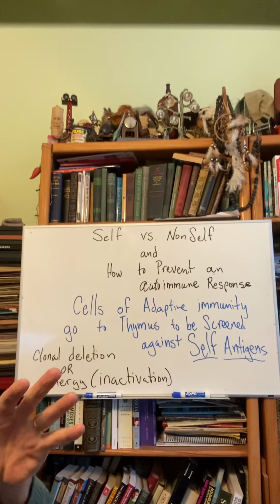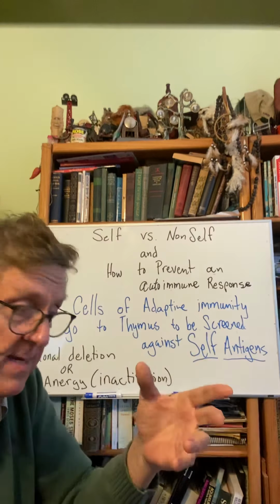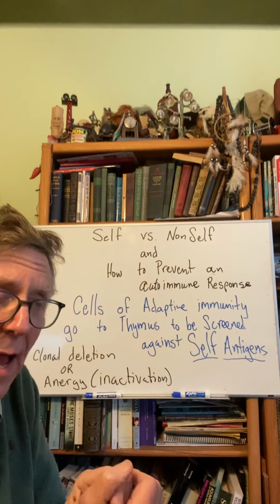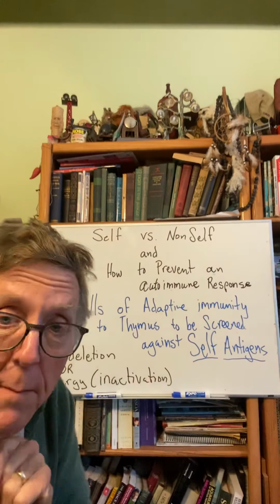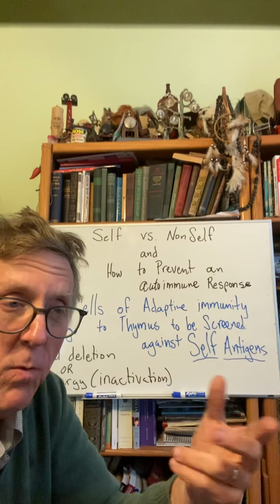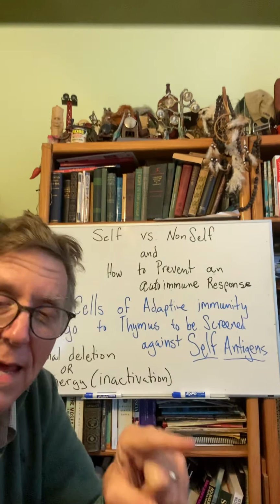So this happens, and you have this gigantic number of different kinds of antigens that you can bind to and attack, and you eliminate 98% of them. And you're still left with trillions of different specificities, even at that.